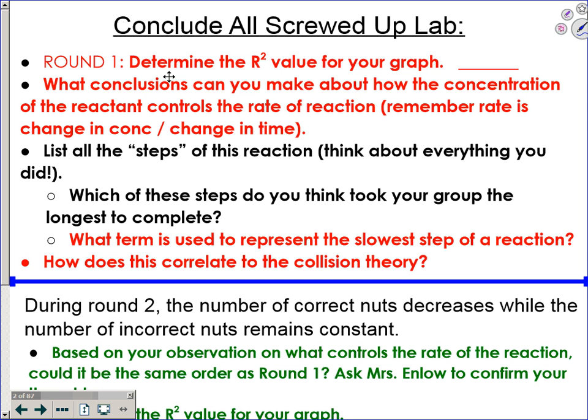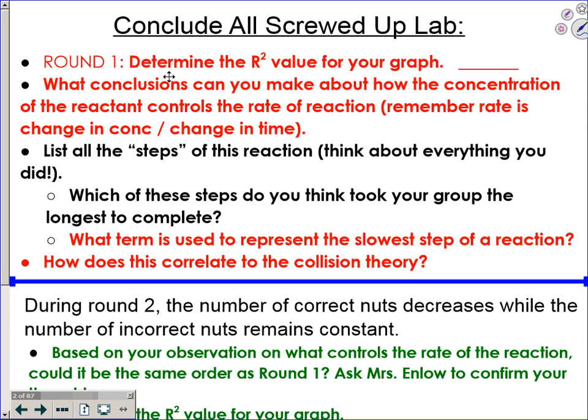So you were trying to get this thing on. Well, it took a certain amount of energy to pull them together, right? But just because they collided, did it mean that they reacted?